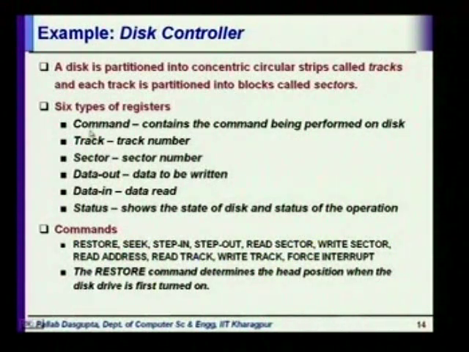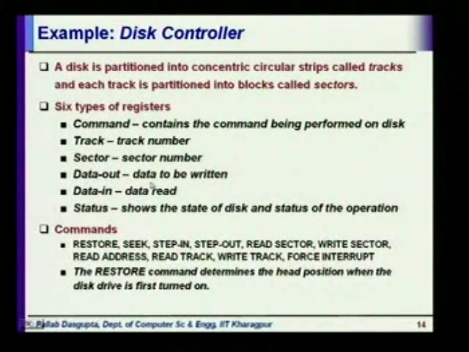Our disk controller has 6 types of registers. There is a command register which contains the command that is being performed on the disk, in the sense of whether it's a read or a write or whatever. Track represents the track number on which the read, write, etc. is taking place. Sector is the sector number at which that is taking place.